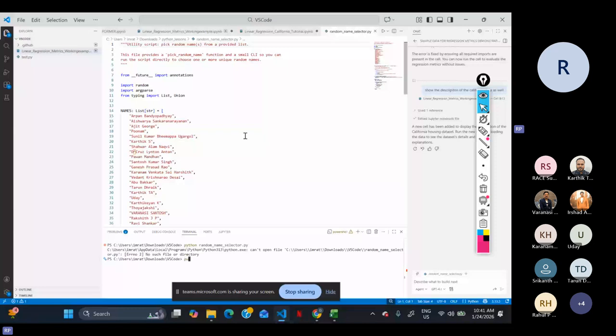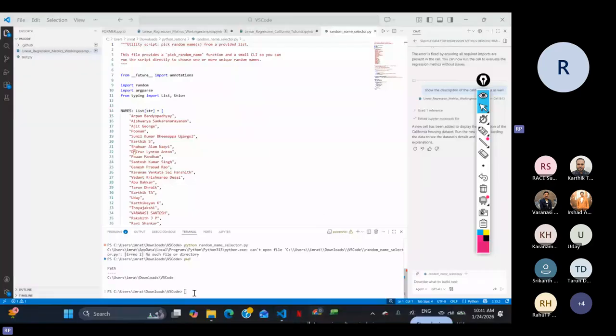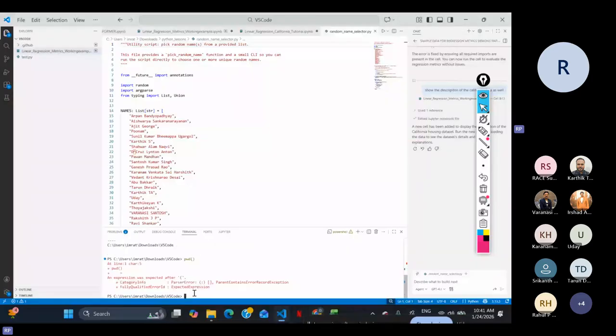Then gradually it updates theta 0 and theta 1 to reduce the error. And when this cost function is low, we get theta 0 and theta 1.